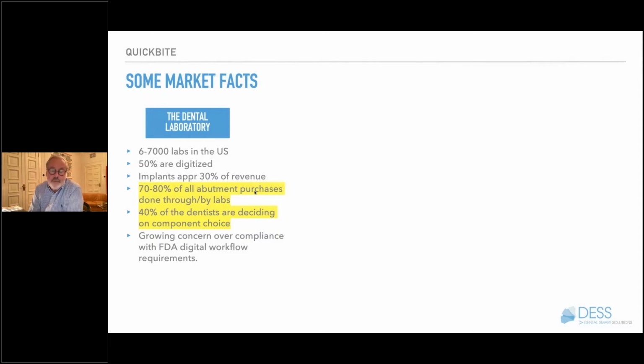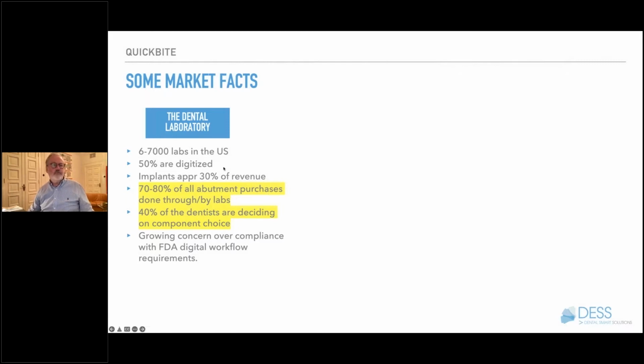As a matter of fact, only 40% of the dentists are deciding on what components to use. In other words, 60% of the dentists are actually leaving it up to the laboratory to decide both the laboratory components and the clinical components.